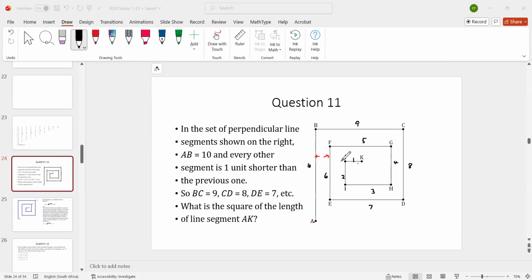Now, the point is the distance between any two parallel lines next to each other is always 2. Now, what's the reason for that? When you go along the horizontal, you decrease by 1.